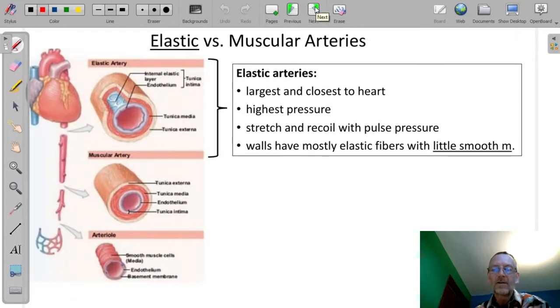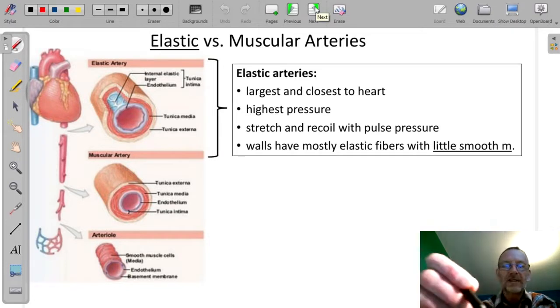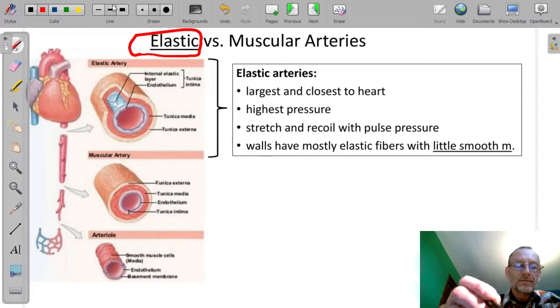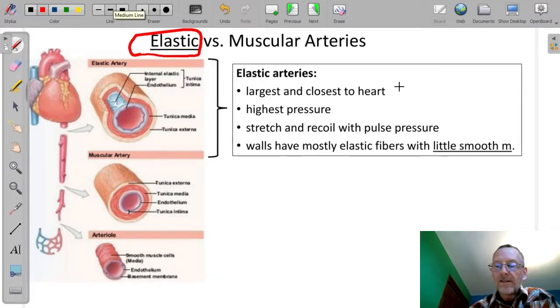We're going to start with the elastic arteries, and then we'll look at the muscular arteries next. So we're starting with these in this slide. These are the arteries that are closest to the heart.